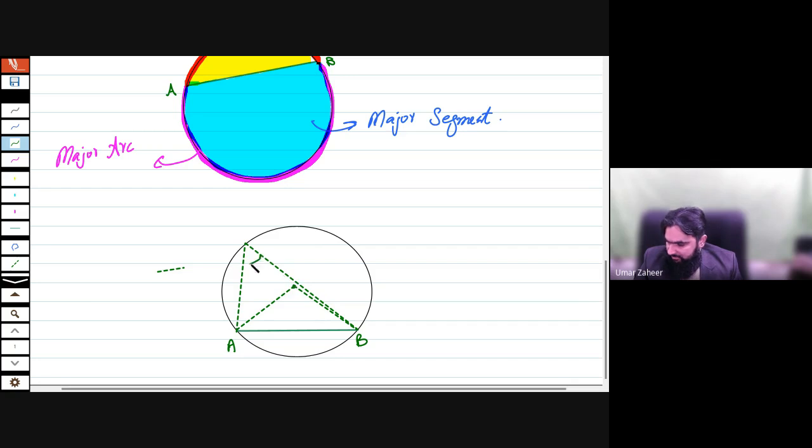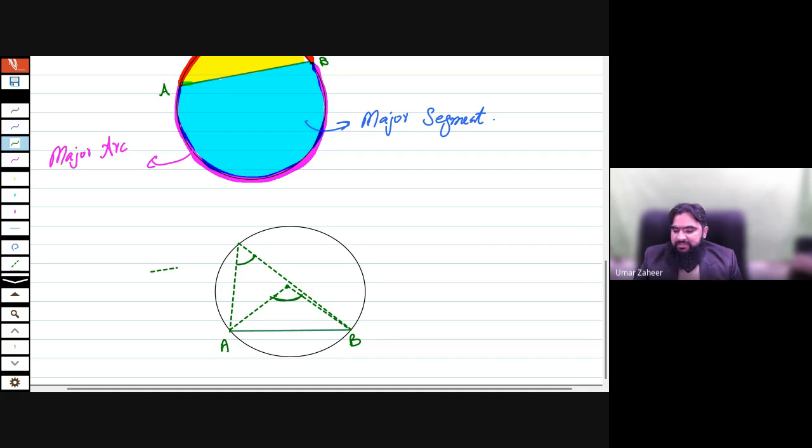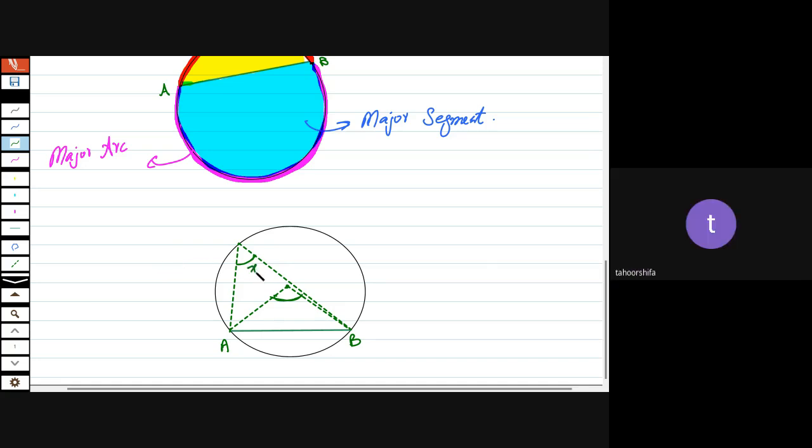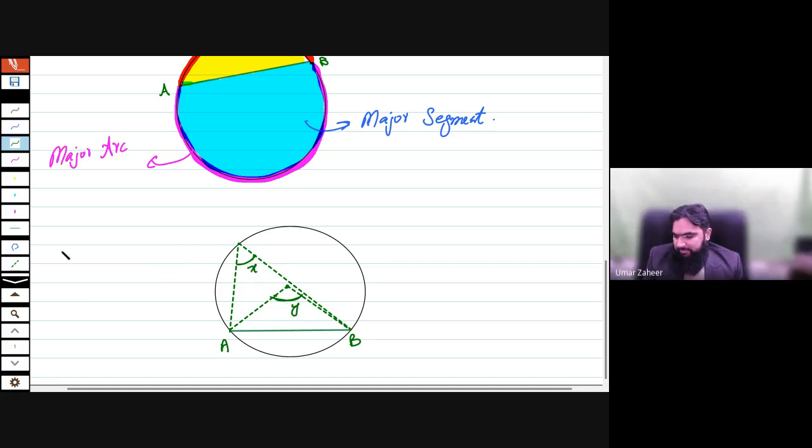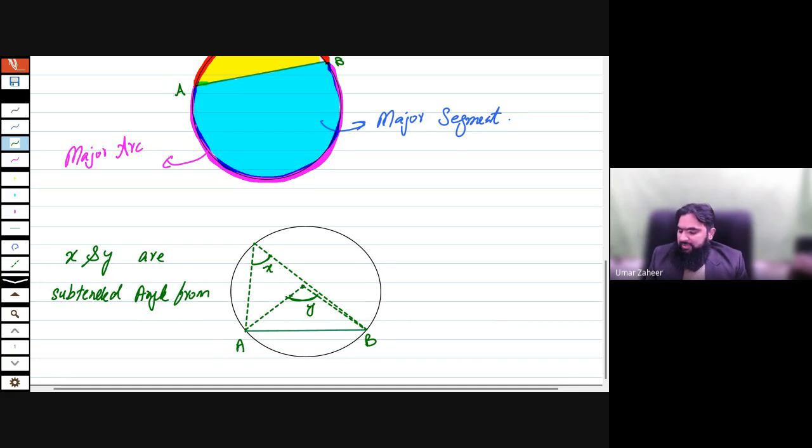Right? This is the angle, this is the angle. Both angles are subtended angles, x and y. They are subtended from arc AB, meaning minor arc AB.